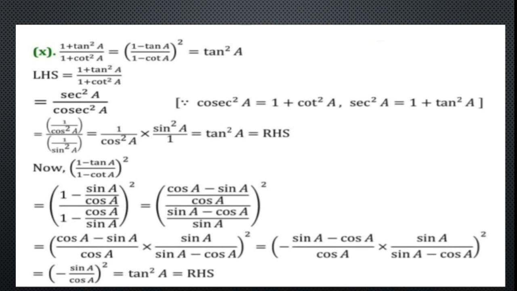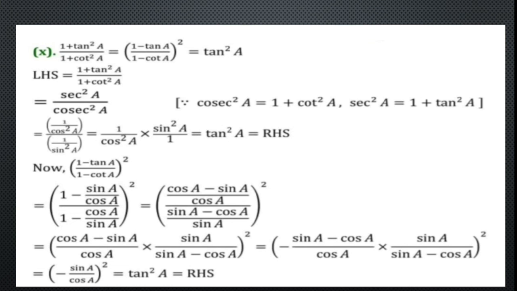This is all from this chapter. If there is any confusion about the solution of these problems, do one thing: just copy all this solution in your notebook. When you are writing one line, look at the procedure, why you are writing this line, why sec square a can be written as 1 plus tan square a, why I am writing tan theta is equal to sin theta by cos theta, why I am doing this operation.